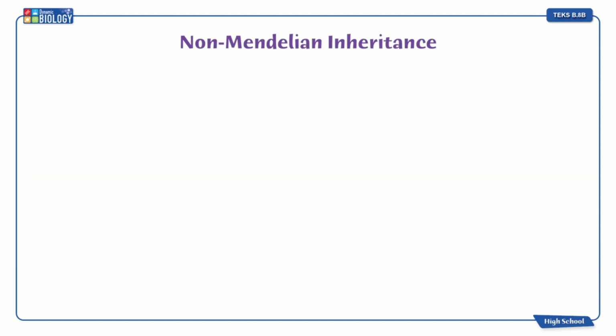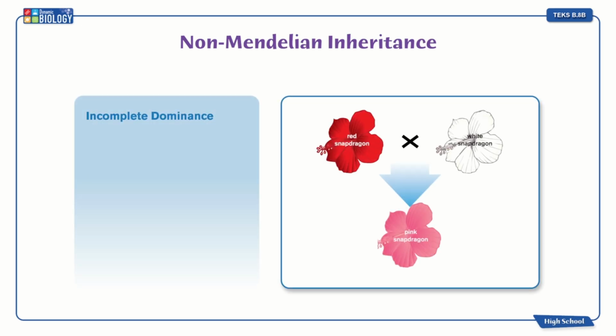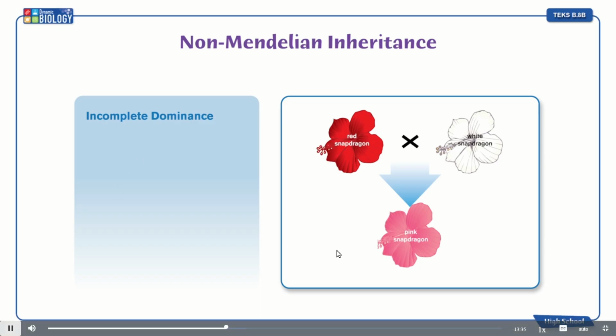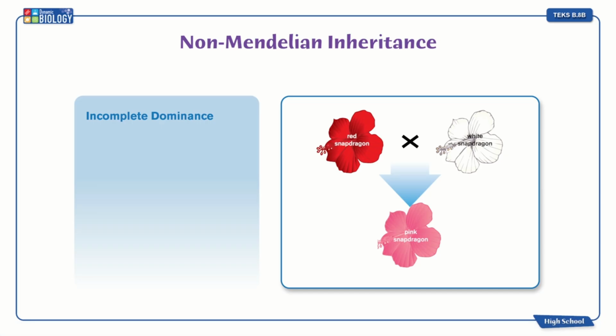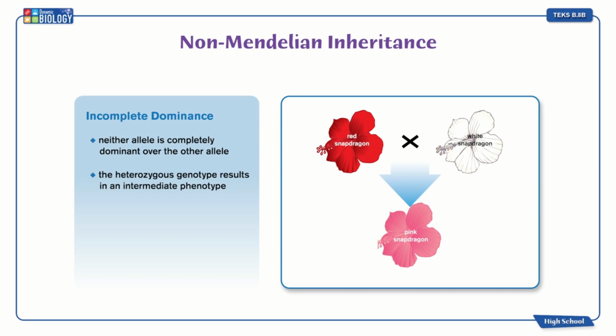One example of a non-Mendelian inheritance pattern is called incomplete dominance. Remember that in Mendelian traits, one allele is dominant over the other allele. Incomplete dominance is different. In incomplete dominance, neither allele is completely dominant over the other. The heterozygous genotype results in an intermediate or blended phenotype.